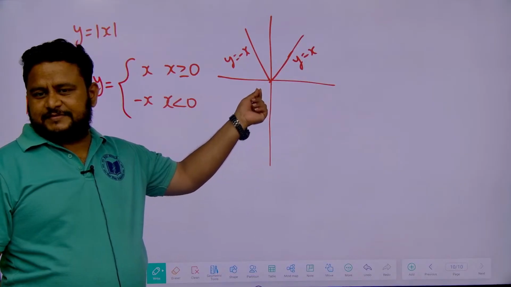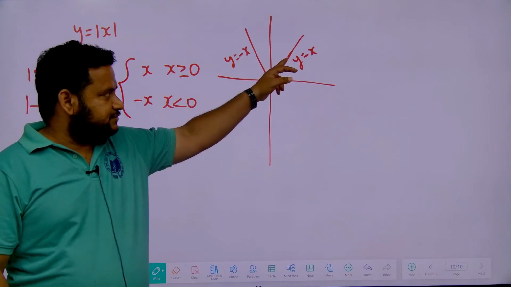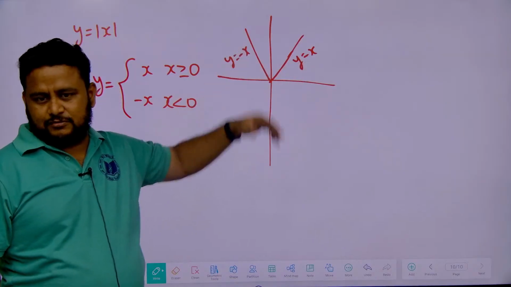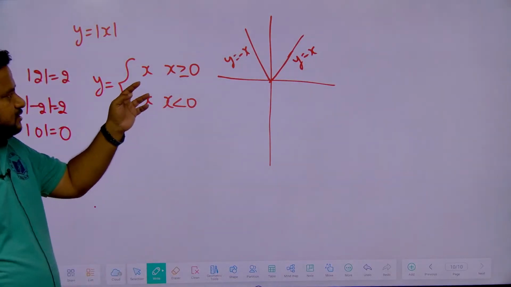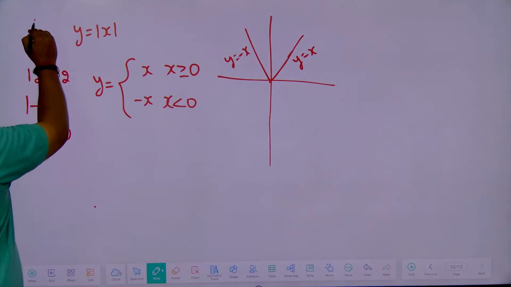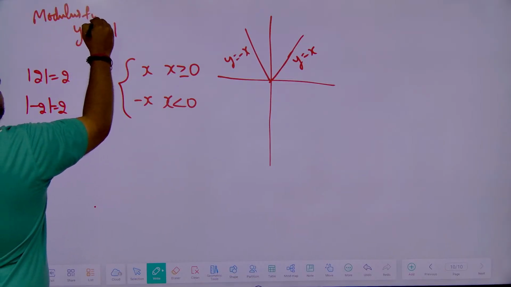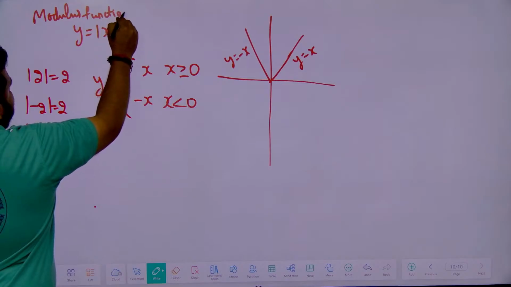A sharp edge means the function is not differentiable because you cannot draw a unique tangent. Clear, understood? The mod function is this one. So first is the modulus function. This one you have to know, that's enough.